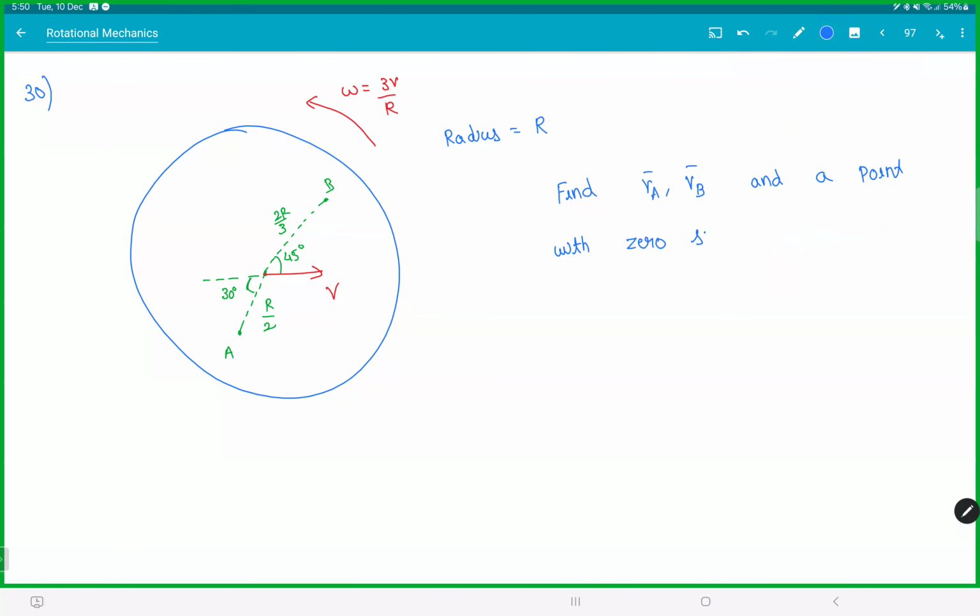Where is that point located? At this instant. Remember, it is going forward with V, but it is rotating backward with omega anti-clockwise.